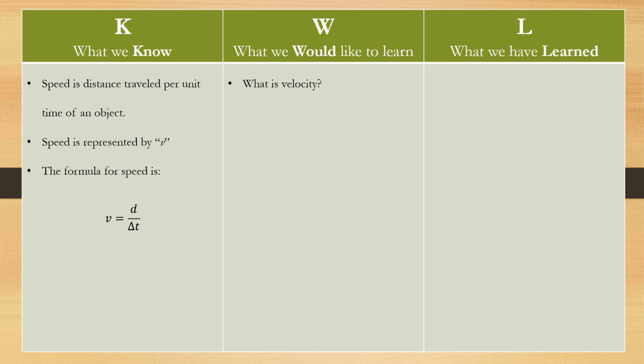What we would like to learn from this lesson is what is velocity. We also want to know how we find velocity, and we're going to want to know what a vector quantity is. Finally, we're going to define the difference between speed and velocity.